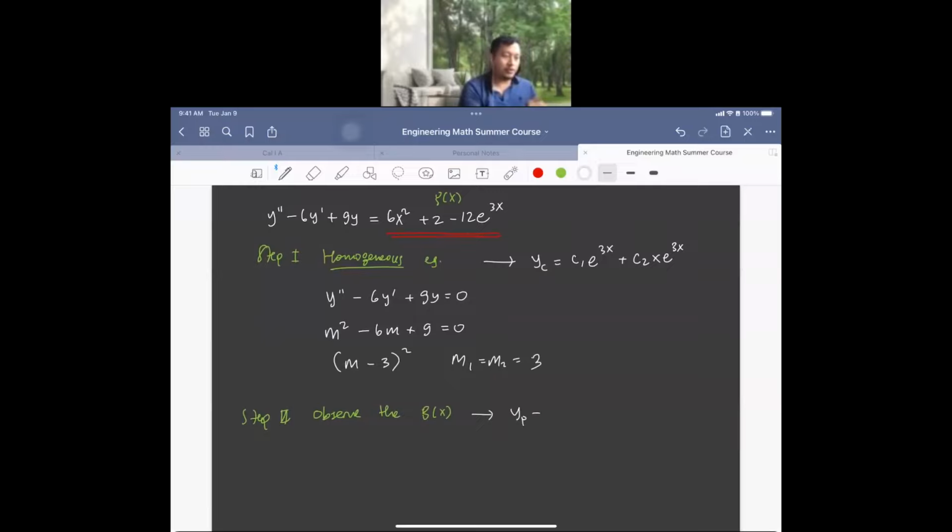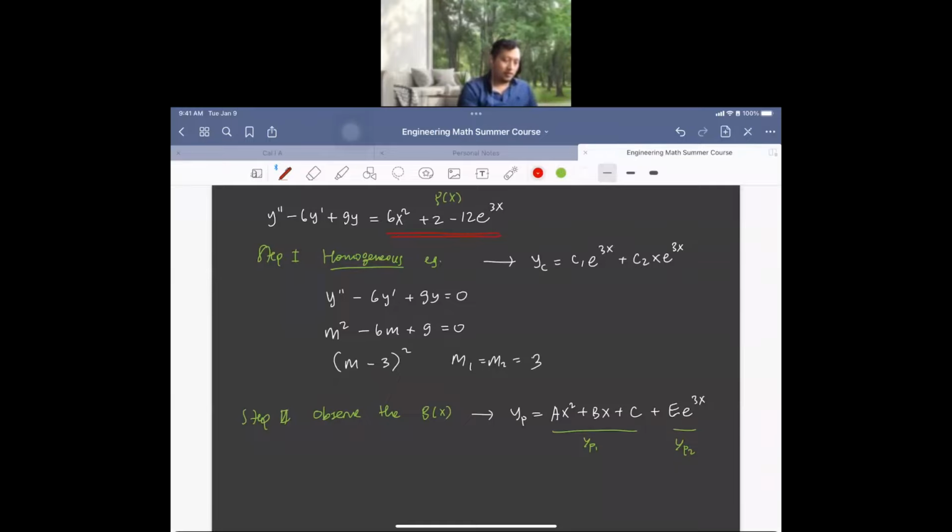So our predictions for the particular solutions, because it has the polynomial of degree 2, so we will have ax squared plus bx plus c, and then we have the exponent that we can write as e to the 3x. So yp1 here and yp2 is here. Okay, we have 2 yp.